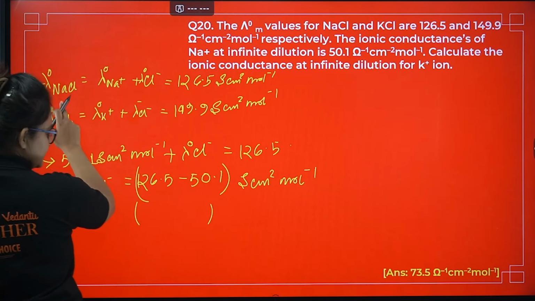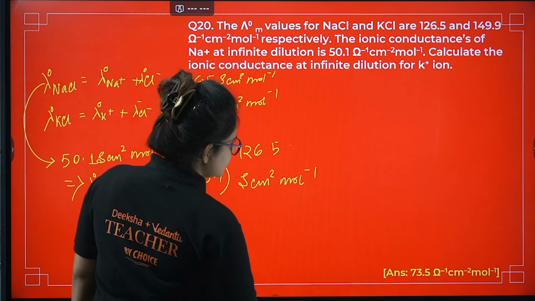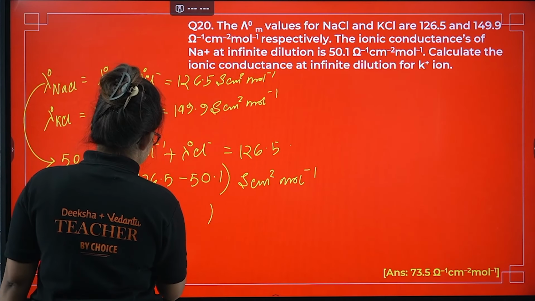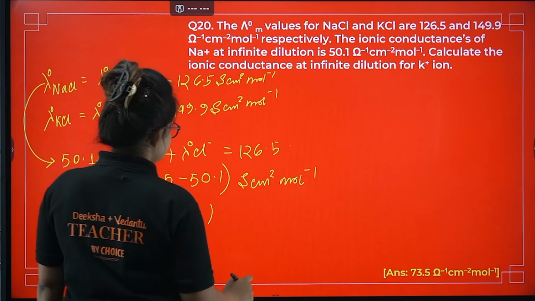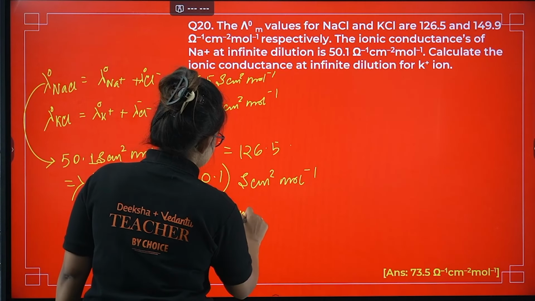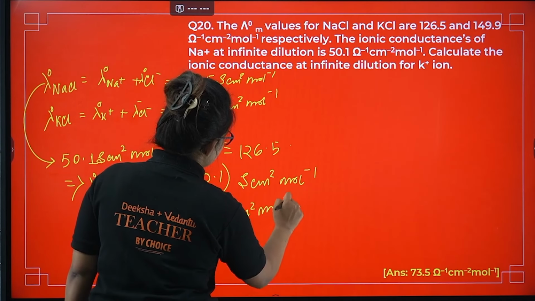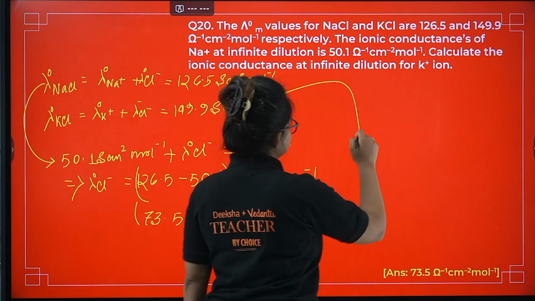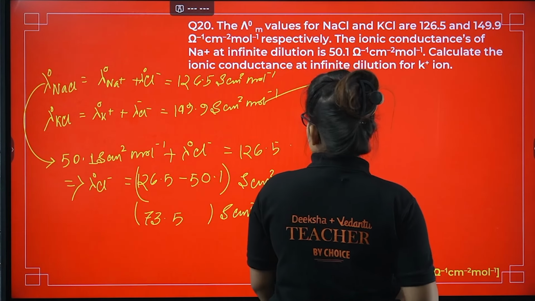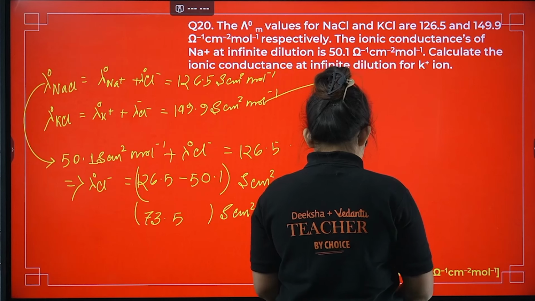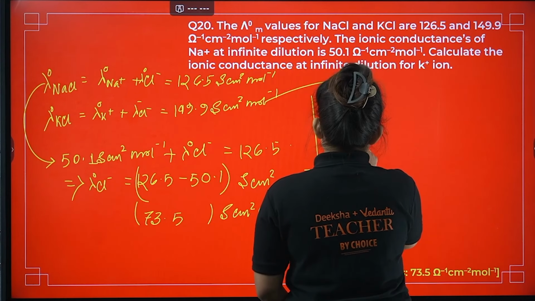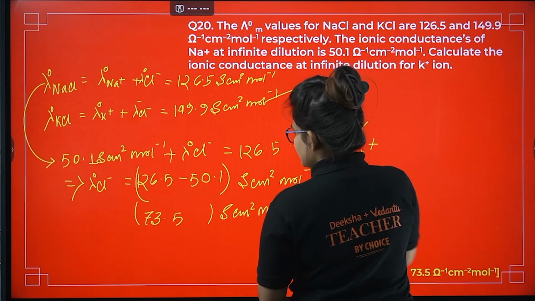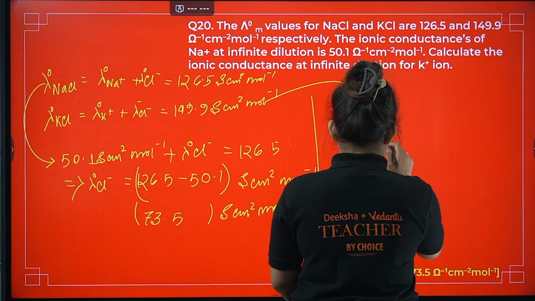Let me tell you, for Cl minus that answer is going to be 73.5 Siemens centimeter square mole inverse. In the same way, we can calculate for the K plus as well from that equation.